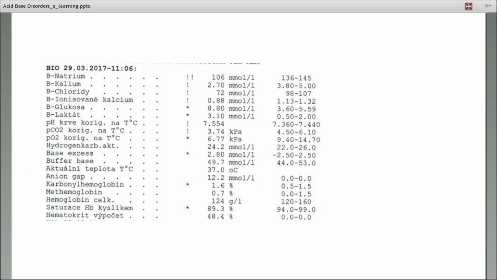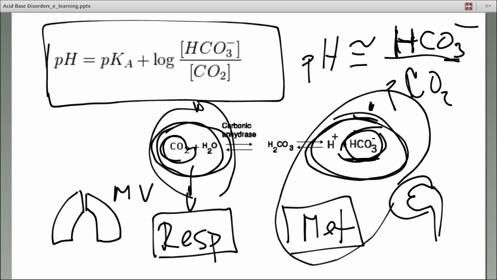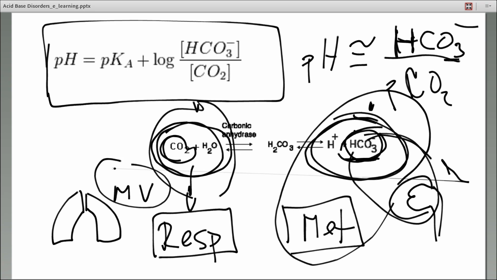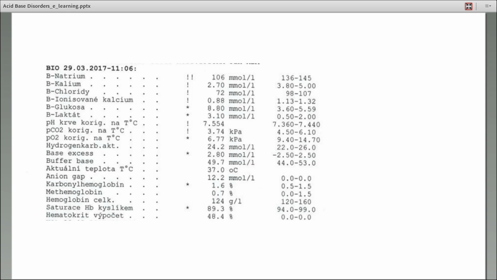And according to the primary problem being either in minute ventilation or in reabsorption or retention of bicarbonate, we have either a respiratory or metabolic problem. So we have this combination of four disorders.